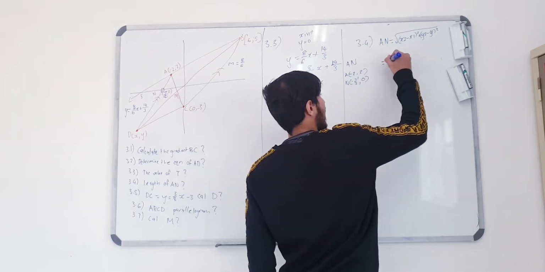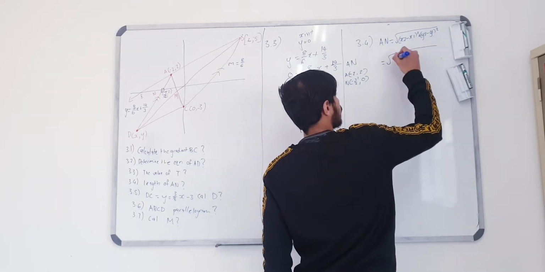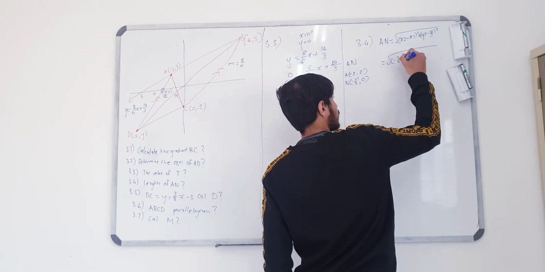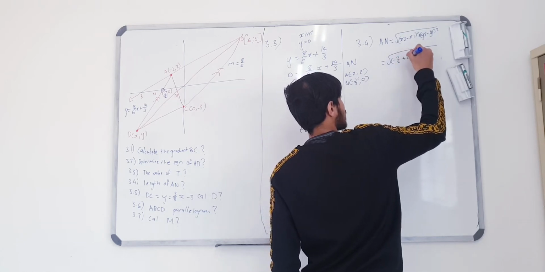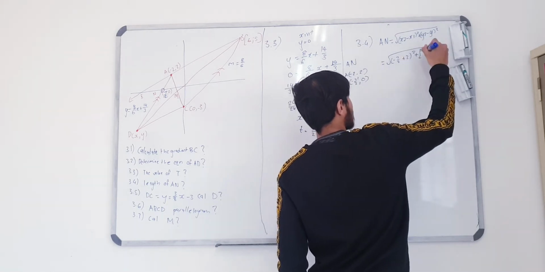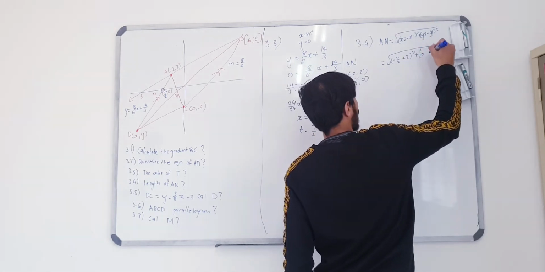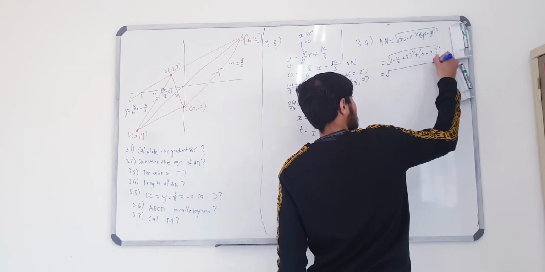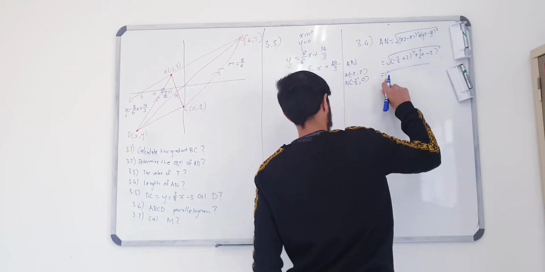So it's going to be the root of x2, which is negative 7 over 2 minus, so plus 2, squared, plus y2, which is 0, minus 2 squared. Then you plug this into your calculator and get your final answer.